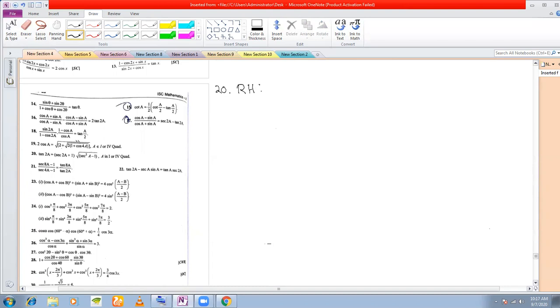RHS is equal to (sec 2a plus 1) root of sec square a minus 1, where a is in the first or fourth quadrant.